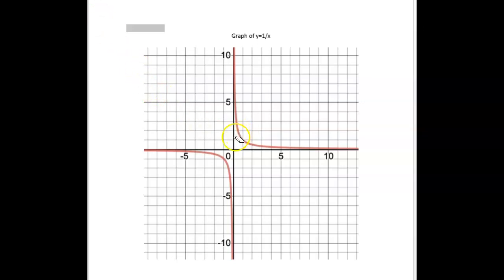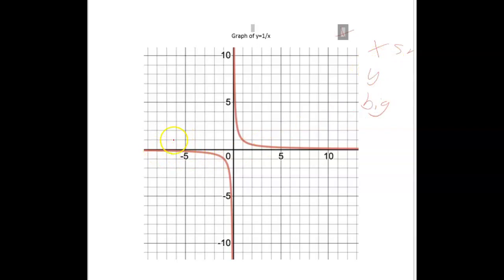So what you see here is when x is positive, y is positive. That's because 1 is always a positive number, and when you do 1 divided by any positive value of x, you get a positive number. When x is small, you get y is big.